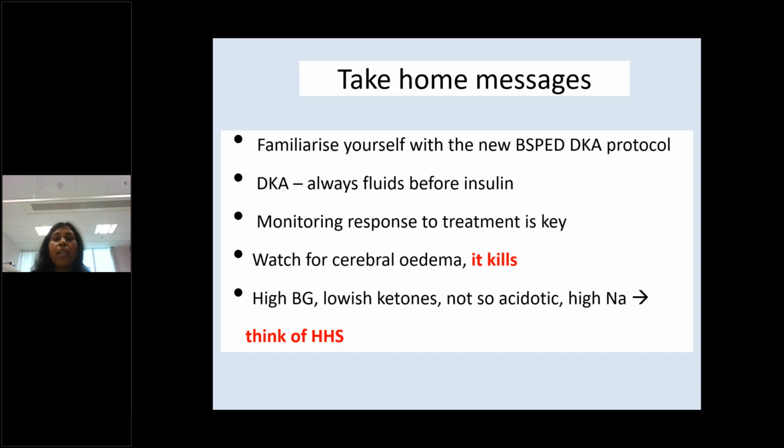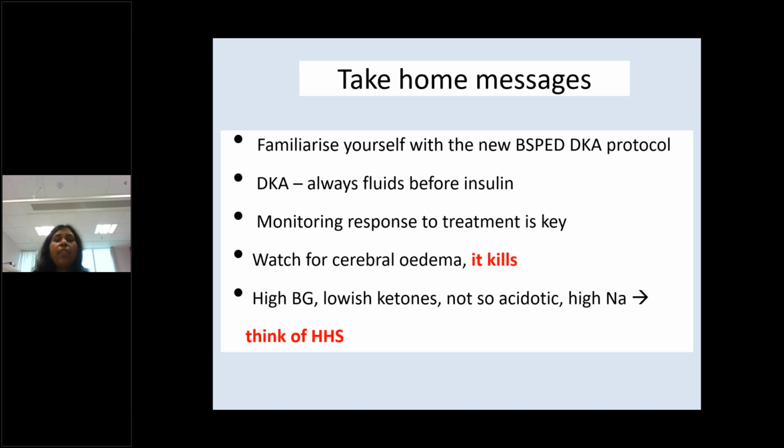It's probably one of the top hits in this slide, because it's not just about starting them on insulin and fluids. It's very, very close monitoring, every 2 to 4 hours, and making sure that we are switching off the ketogenesis, and that we've adequately replaced the fluids, so that in case we need to modify our management. And always watch for signs of cerebral edema, because we all know that it kills.